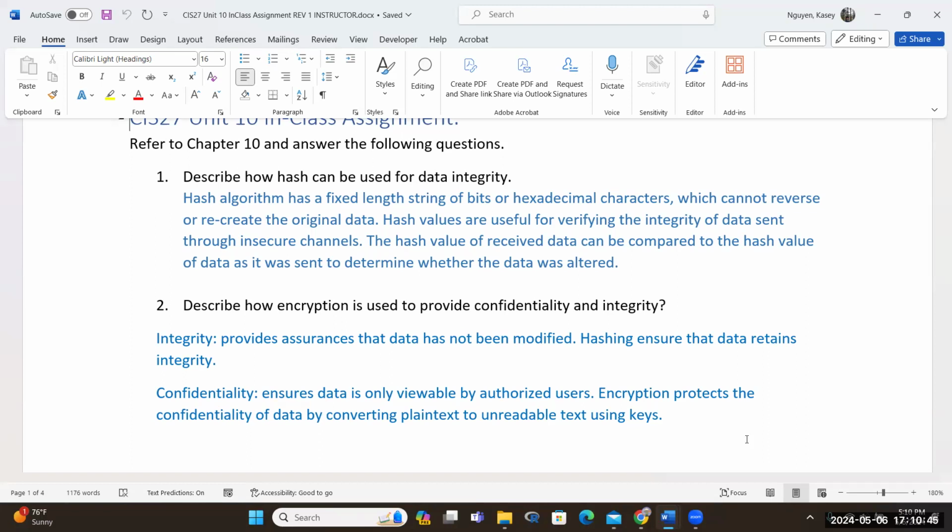And that's the same point when we encrypt data: we want to protect our data from users that are not supposed to access it. And those who are supposed to access the data would have the key to unlock it, just like how your family members would have the key to your house to have access to your home.